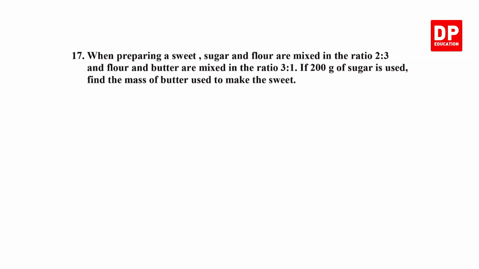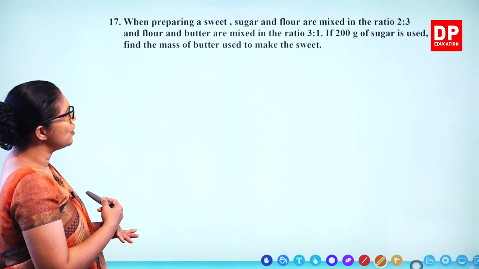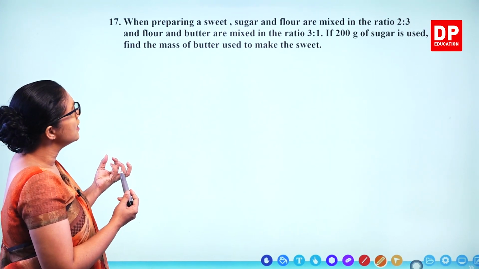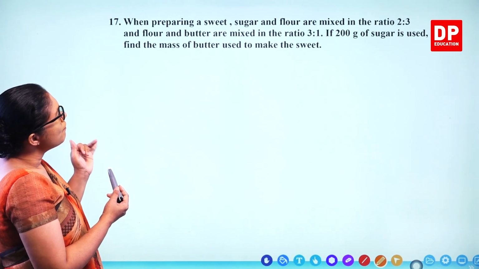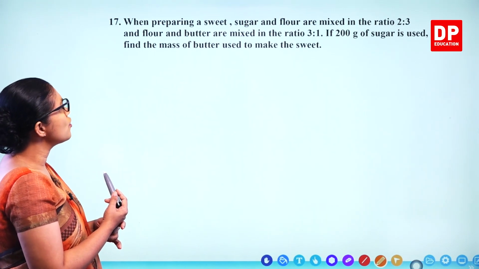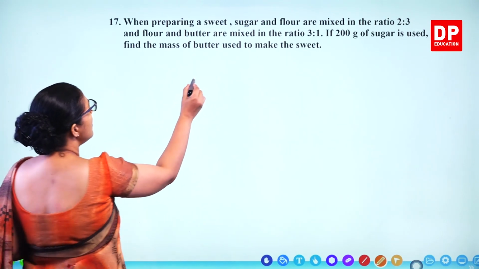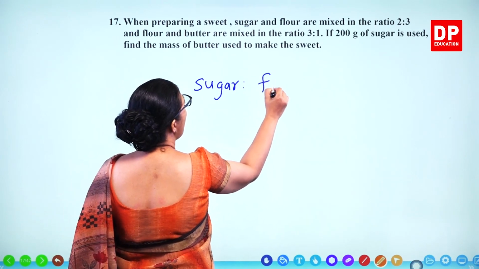Question number 17. When preparing a sweet, sugar and flour are mixed in the ratio 2 to 3 and flour and butter are mixed in the ratio 3 to 1. So this is the sweet: sugar, flour and butter. If 200 grams of sugar is used, find the mass of butter used to make the sweet. So here it says sugar to flour.